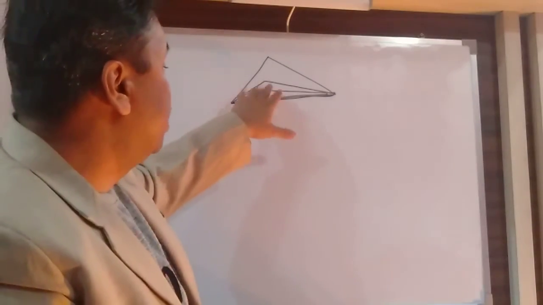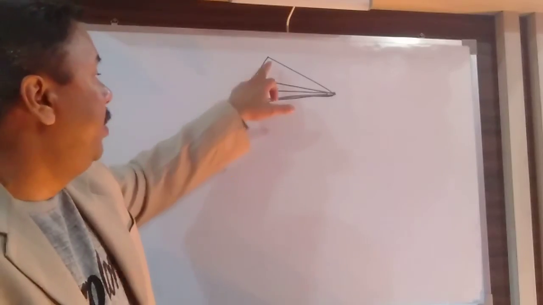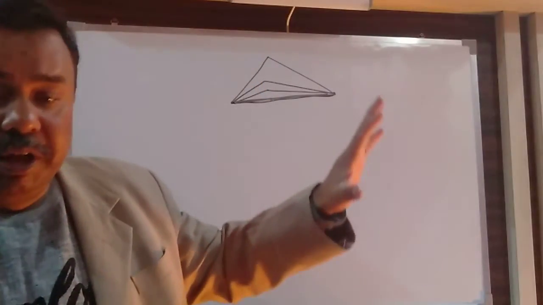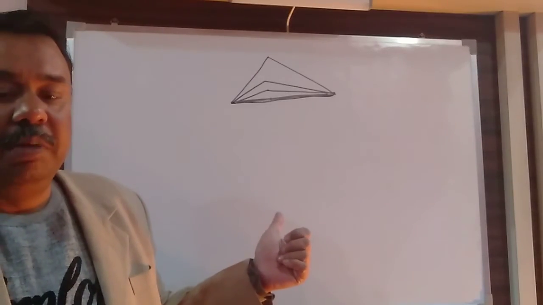If this point is not on this line, if it is away, there will be some area. Be it small, but it will have some positive area.